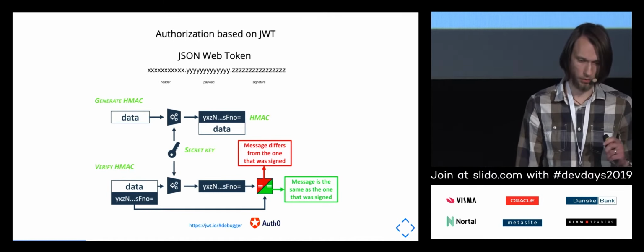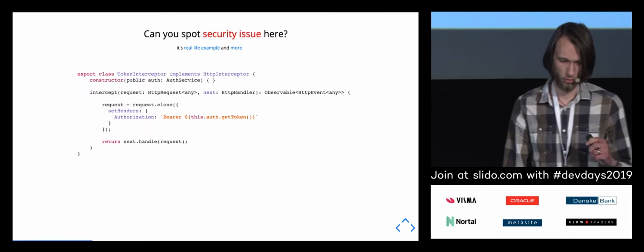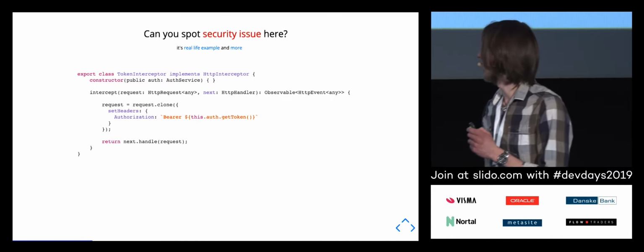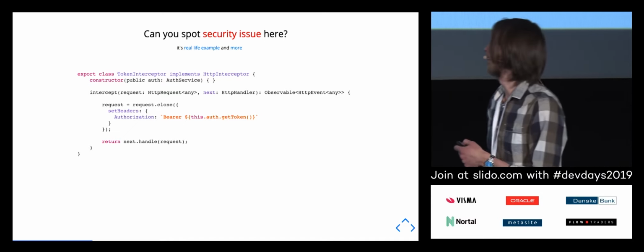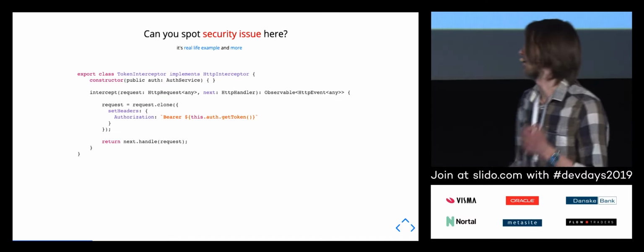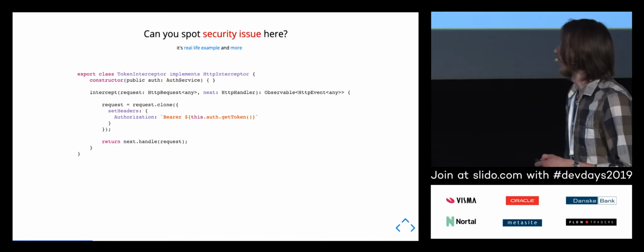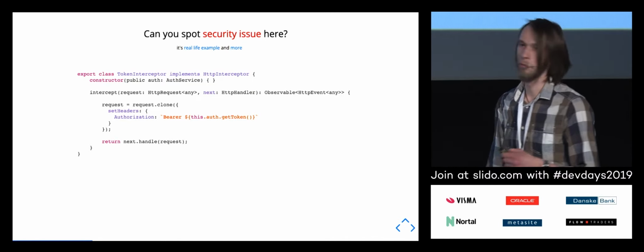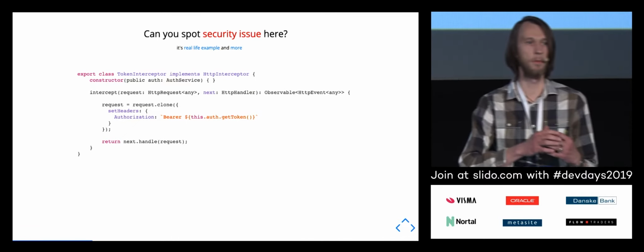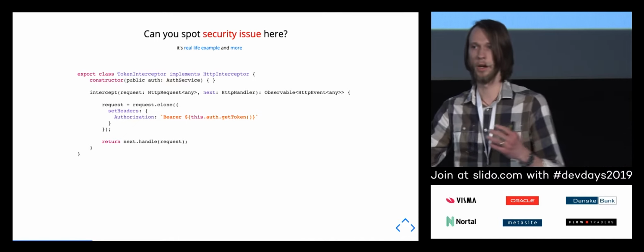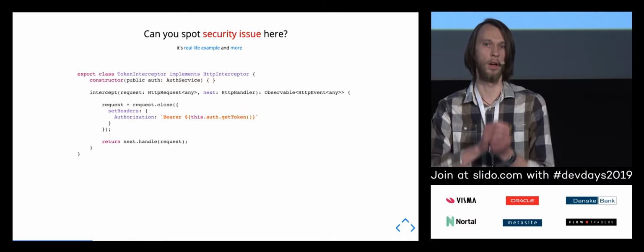And speaking about authorization tokens, I have a small puzzle for you. It's just a piece of an Angular application because I like Angular, but the idea is that it's middleware, and with each request to our API, we just add our authorization token.